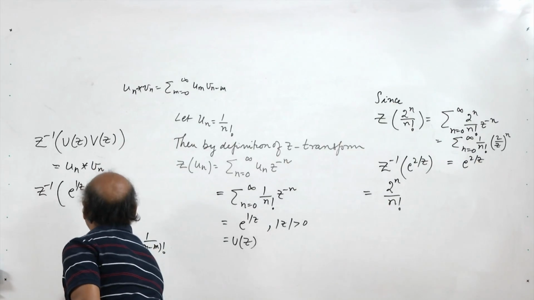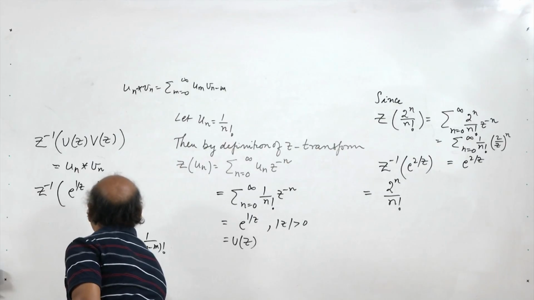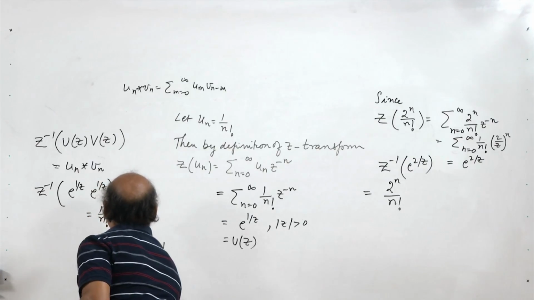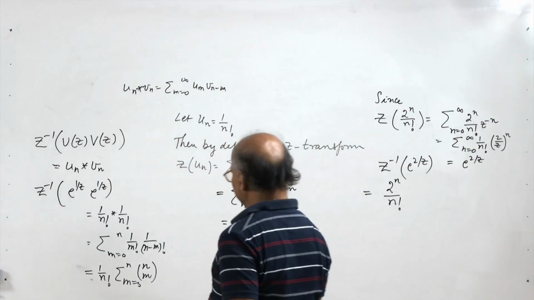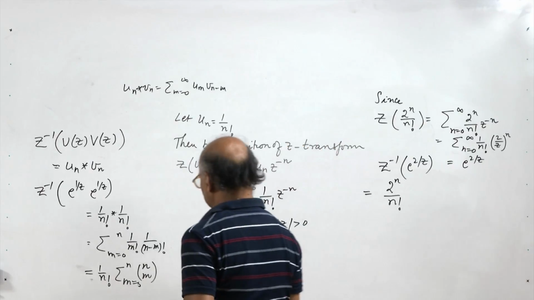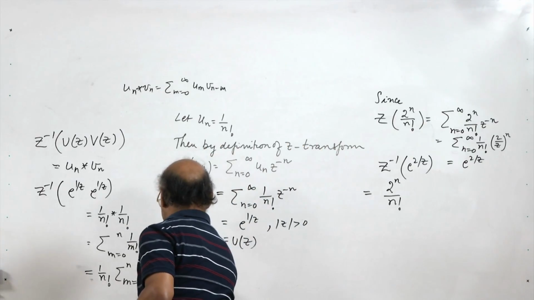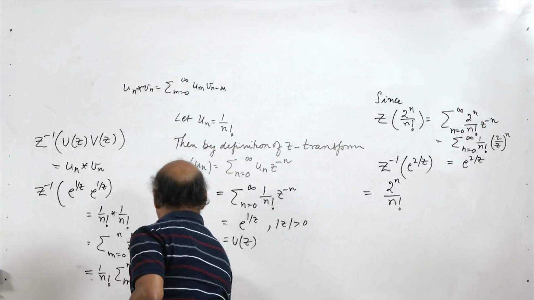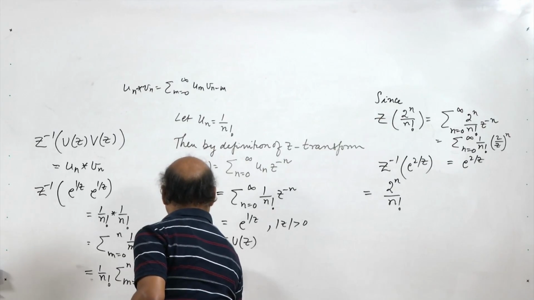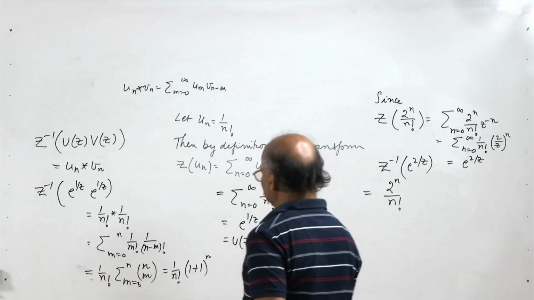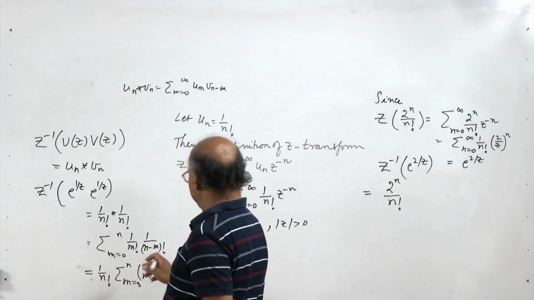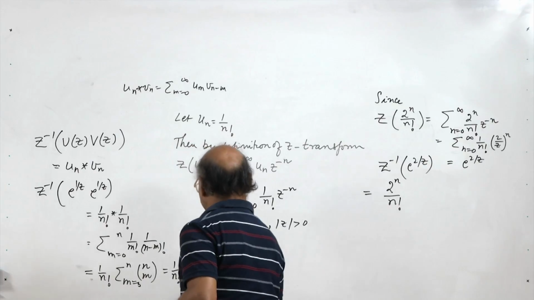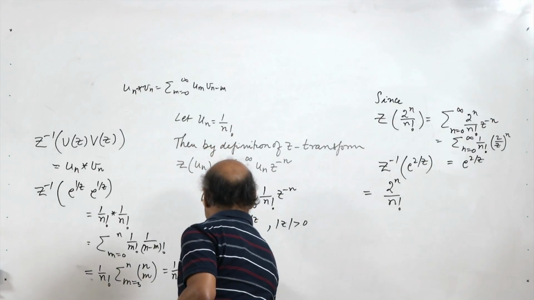So, if we do that, 1 by n factorial summation m equal to 0 to n nCm we can write, multiplying and dividing by n factorial, and this is nothing but the sum of the binomial coefficients nC0 plus nC1 plus nC2 and so on up to nCn, which is given by (1 plus 1) to the power n, which is 2 to the power n by n factorial.